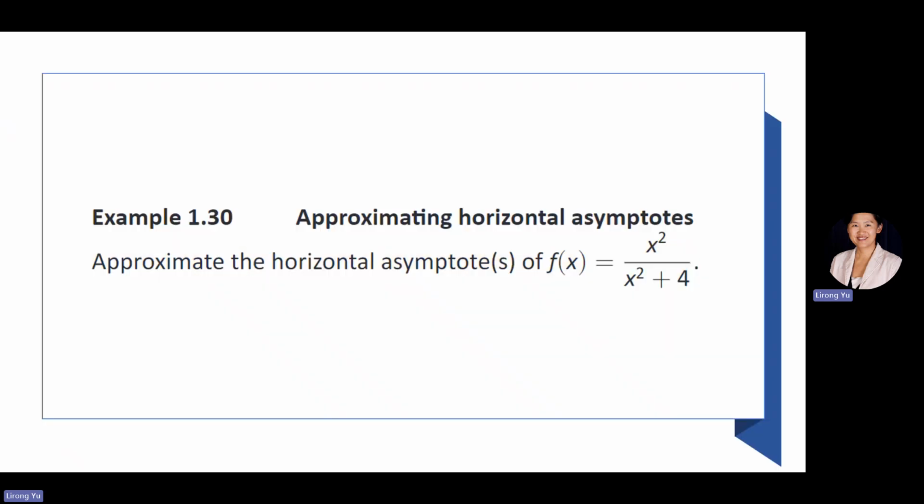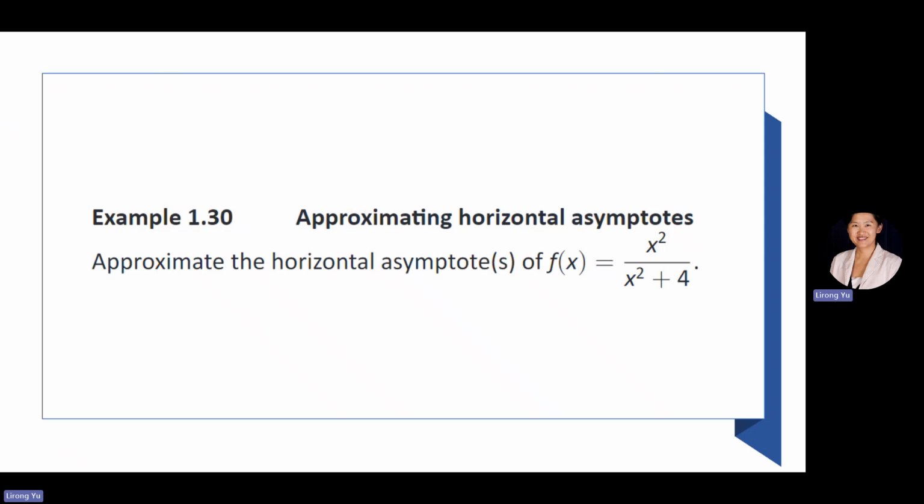All right, this is something that we have already tried yesterday. I don't know if you remember, what was the horizontal asymptote for this? The limit at infinity, what is it? It's 1. How do you know it's 1?